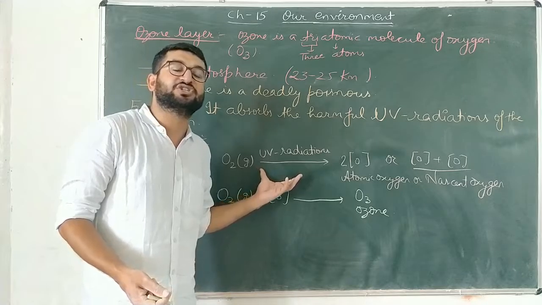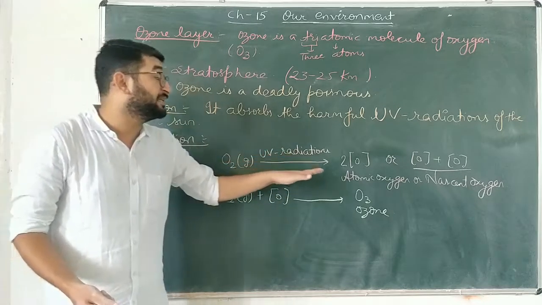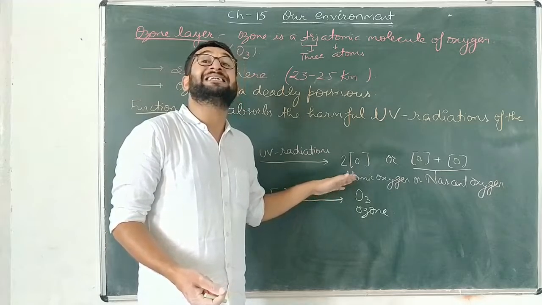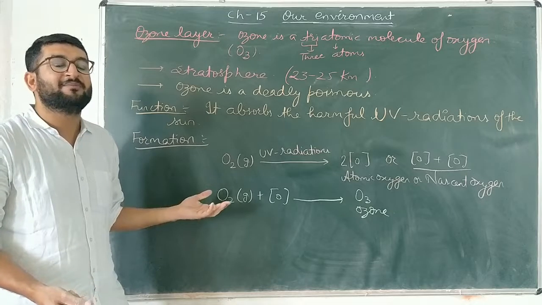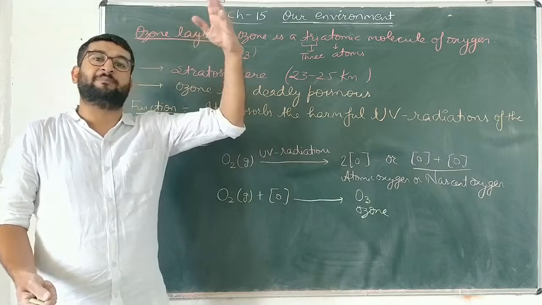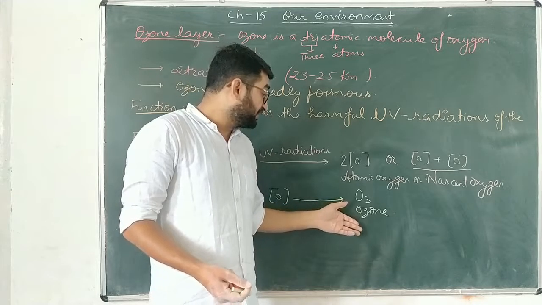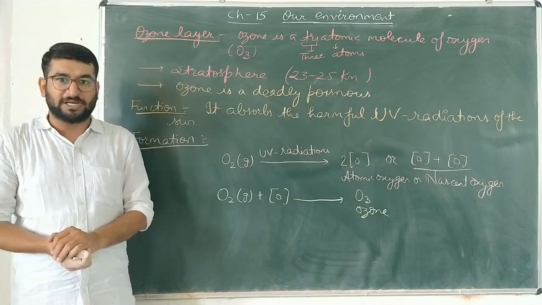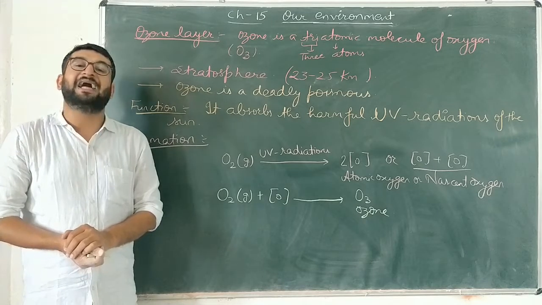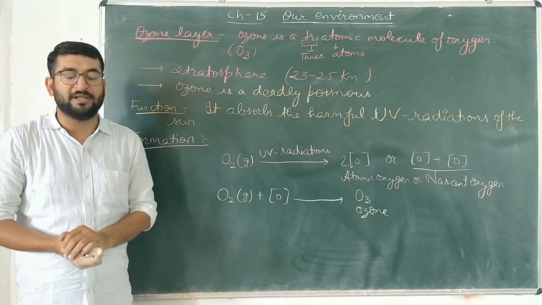These ultraviolet radiations break the oxygen gas into atomic oxygen or nascent oxygen, and then that nascent oxygen oxidizes the other oxygen gas molecules present at higher altitudes into the ozone molecule. This ozone molecule gets collected in the stratosphere and leads to the formation of a layer that is known as the ozone layer.